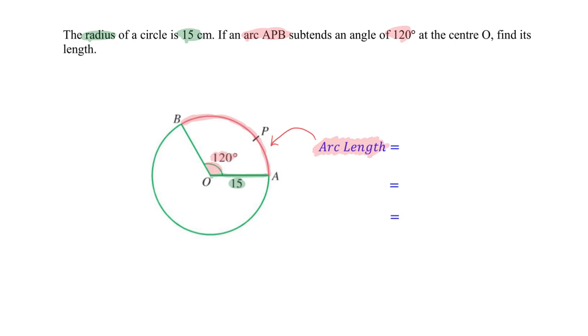Okay, and therefore you will see Mr. Tan here having that 120 degrees dividing by 360 degrees times 2 pi r. Okay, that will give me 10 pi, and the three significant figure answer will be 31.4 cm.